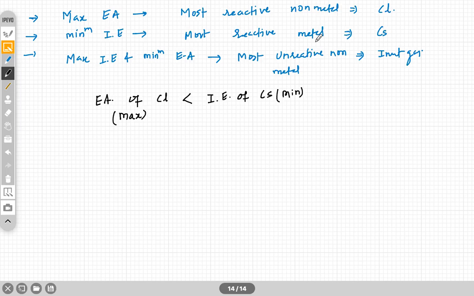Few properties based on ionization energy and electron affinity we'll see. Take a break. 6:35 will resume. After the break, correct? We'll discuss it after the break.